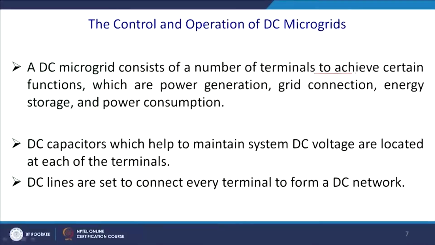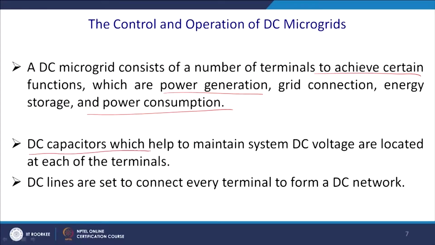A DC microgrid consists of a number of terminals to achieve certain functions, which are power generation, grid connection, energy storage and power consumption. See, these are the few entities that we require to consider.